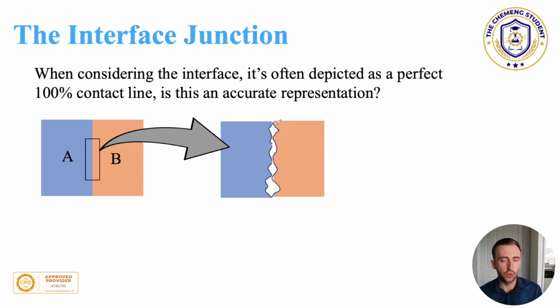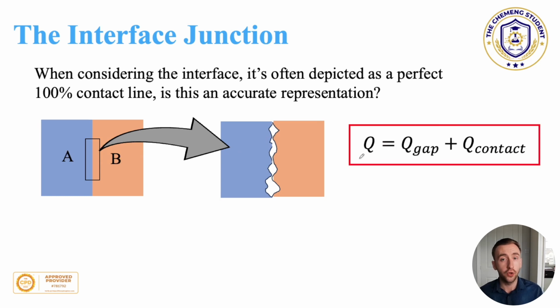But the key thing that we'll want to highlight here is that the conductance of heat through air is significantly different to that of solid to solids. And so we don't have 100% contact between the two materials.